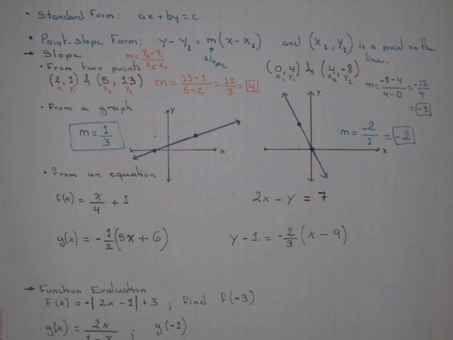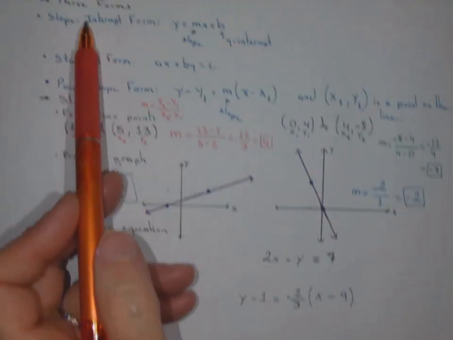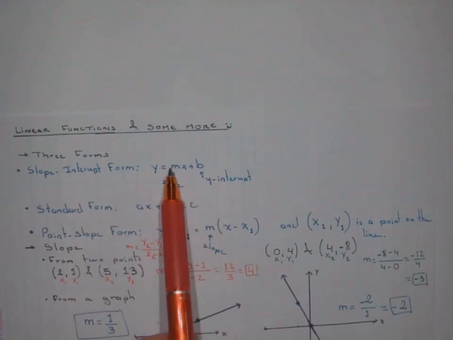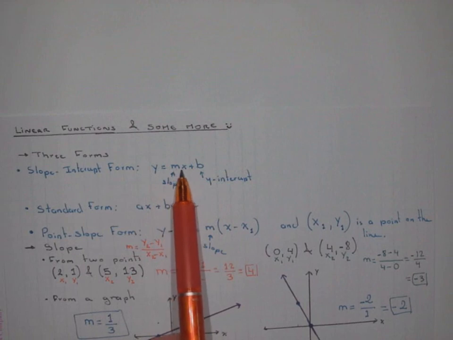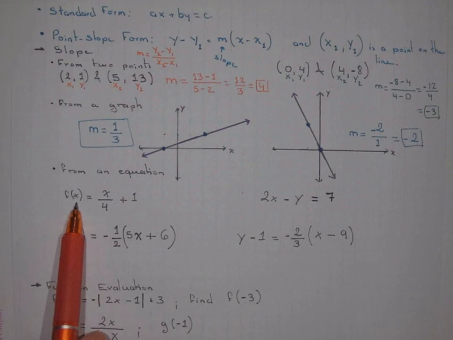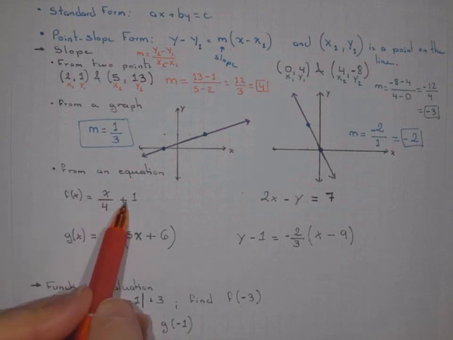Alright, so when we are given an equation this time, how do we find the slope? Well, if the equation is in slope-intercept form, y equals mx plus b, then it's easy. We just look at whatever is in front of x, and that will be my slope. So when I'm looking at f of x here, the equation is given to me as x over 4 plus 1.